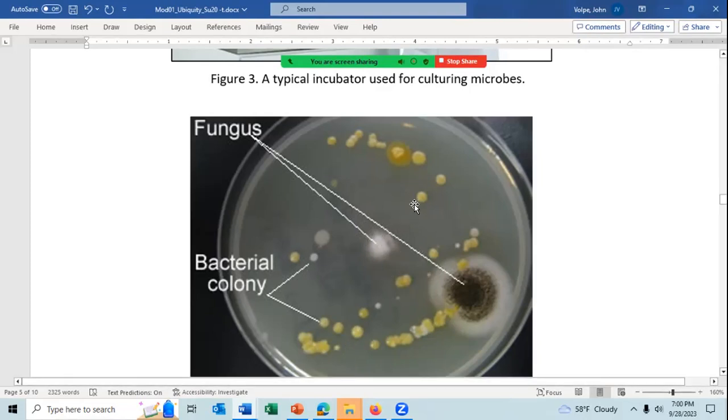And this may have been formed by one cell, by two cells, or a clump of cells. We don't really know. That one's a little bit larger than most of the others, so I'll bet that was formed by a clump.